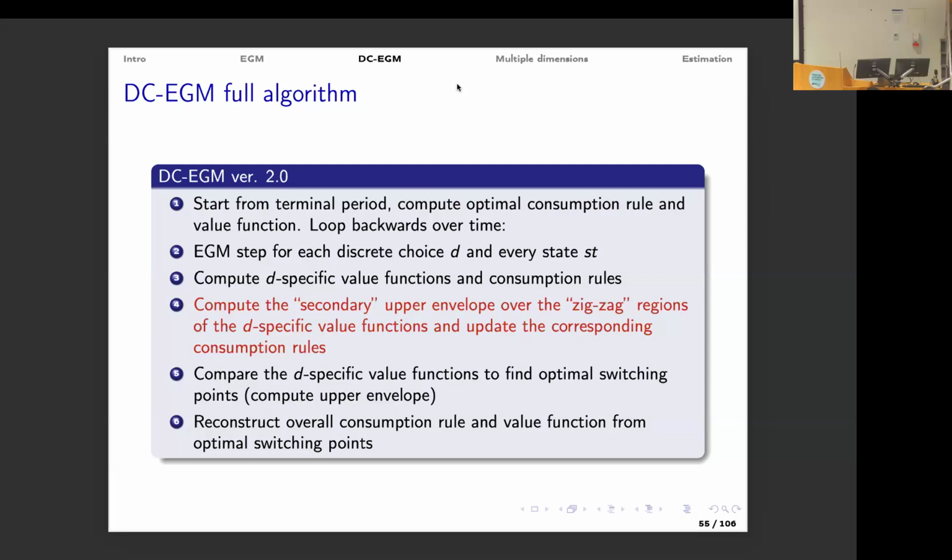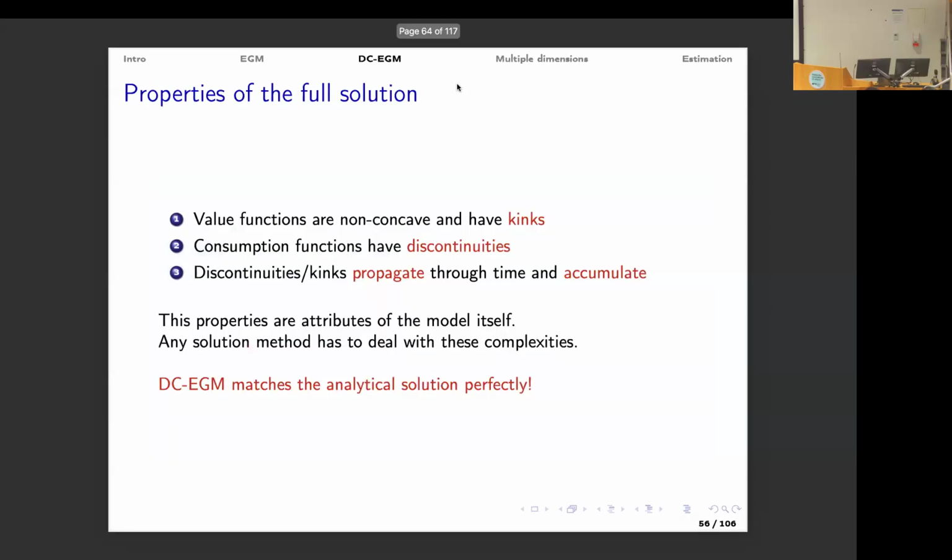Then we compare the D-specific value functions to find the point where the primary kink is. Then again, we reconstruct the consumption level around the primary kink, and go into the next iteration. Okay, so that's how the algorithm looks after going through the EGM step for this DC problem.